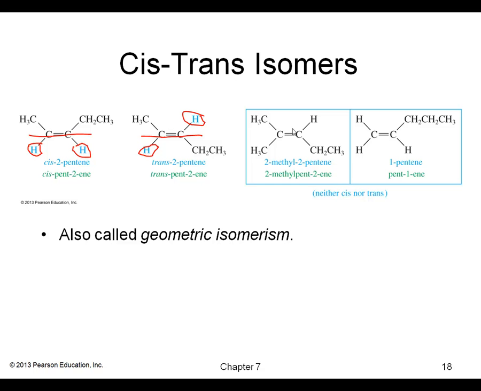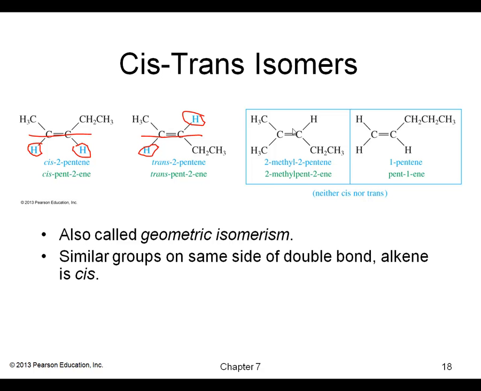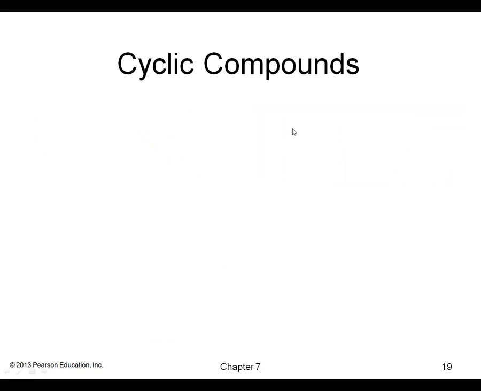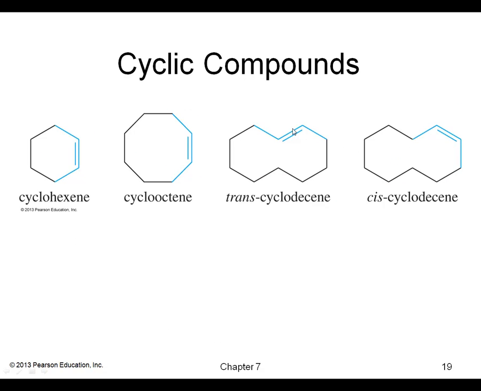So these are what are called geometric isomers. Cyclic compounds, again the 6-membered, cyclohexene, cyclooctene, and so on.